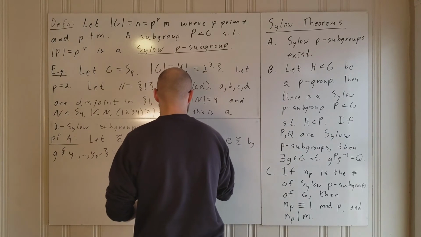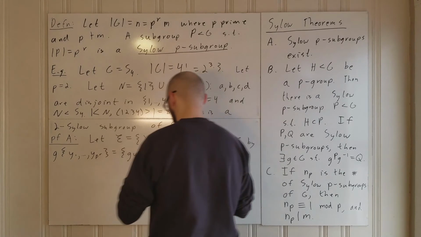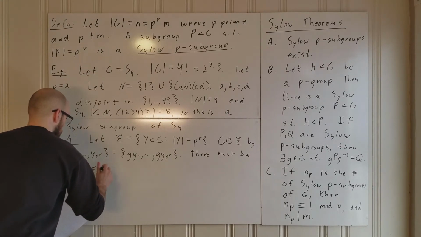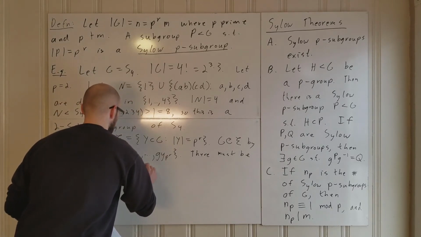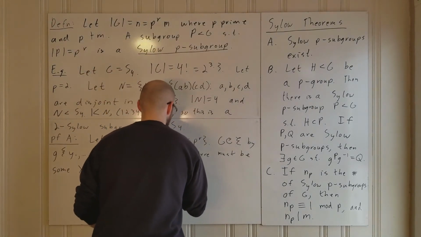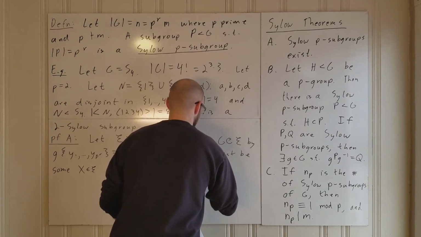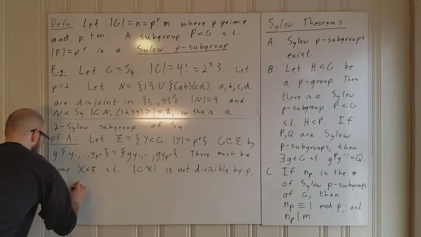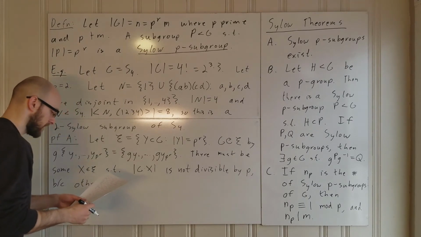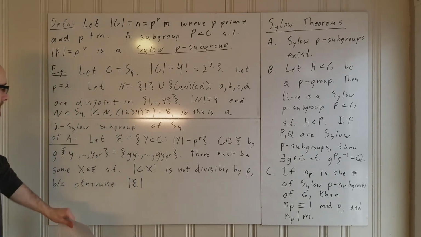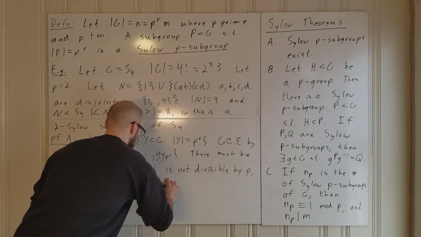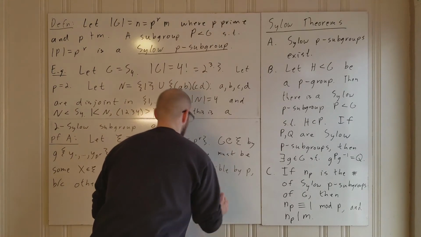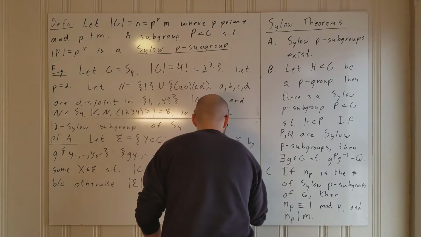Then there must be some element X in script E such that the orbit is not divisible by p, because otherwise we'd have the size of script E, which is n choose p to the r, equal to the sum over all alpha in the collection of orbits under this action of the size of the orbit of X alpha.